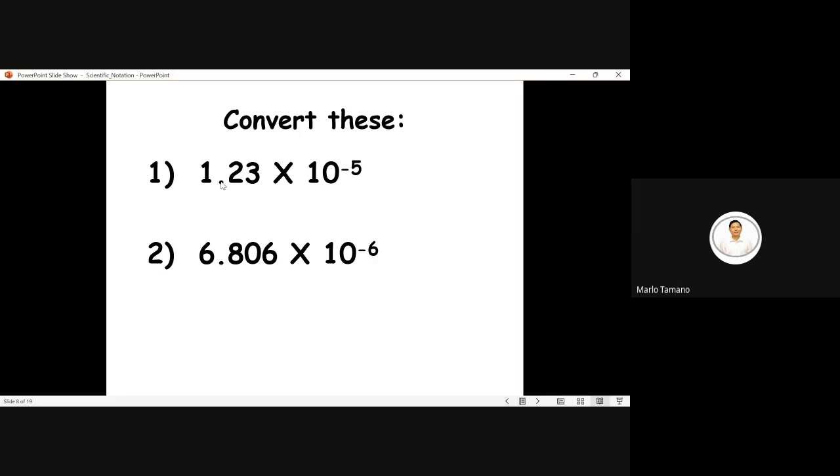Pag negative po, ibalik po natin doon sa kaliwa, to the left. So move the decimal point and count 5 steps. Okay? So lahat ng mga walang madadaanan, we will put 0. So 1, 2, 3, 4, 5. So your final answer must be what?